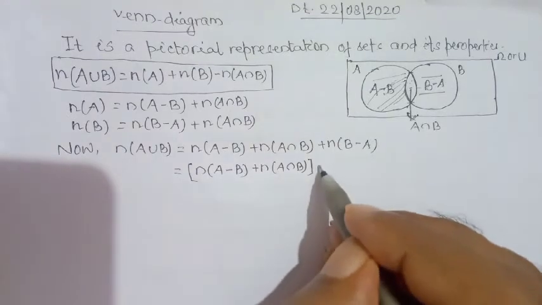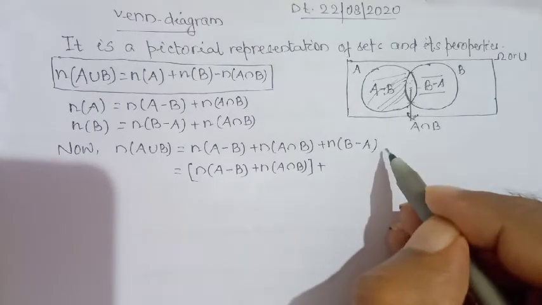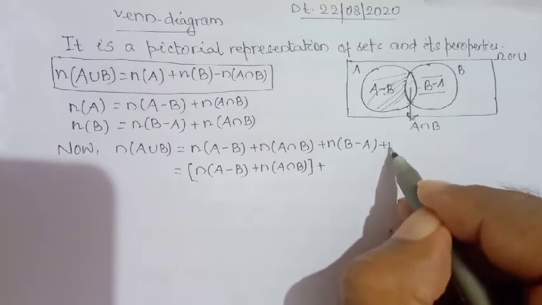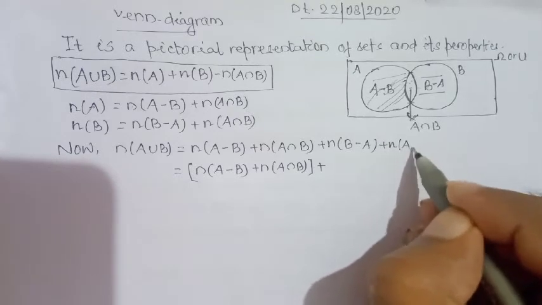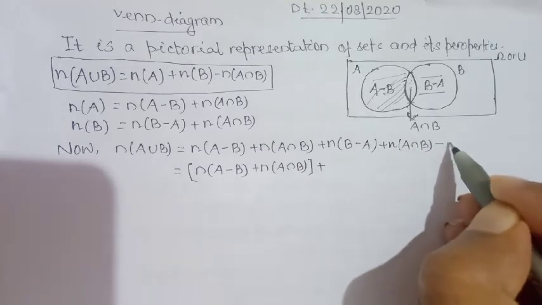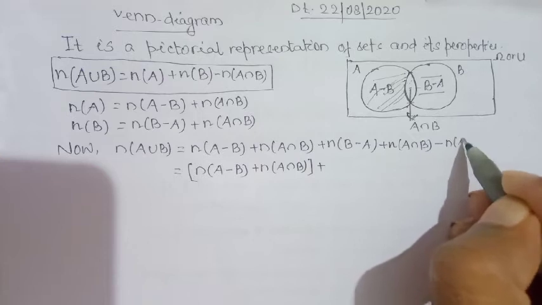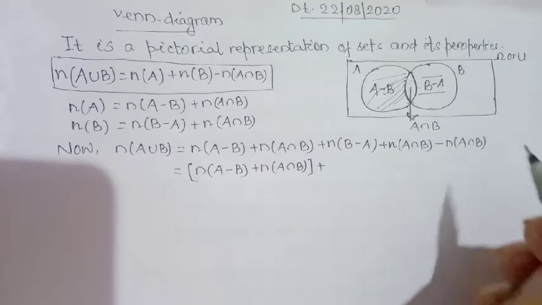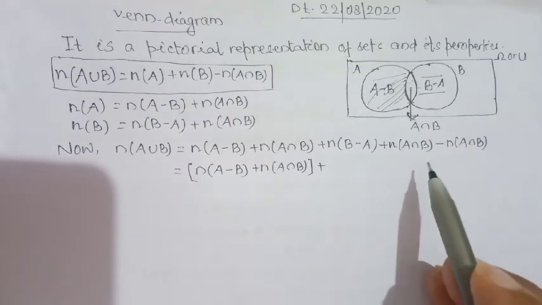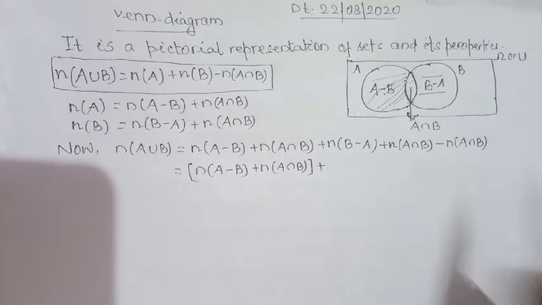Going to the previous step, add number of elements of A intersection B and subtract number of elements of A intersection B, so that the value remains unchanged.